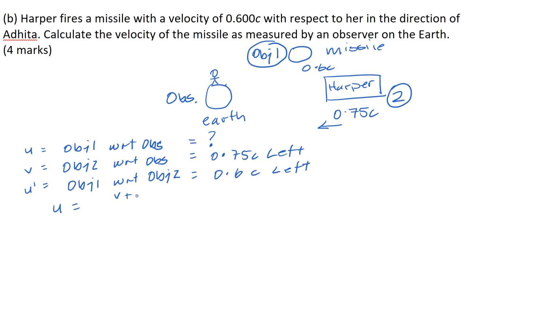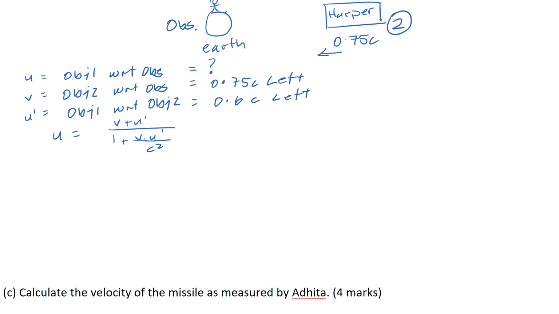So I've got V plus U dash over 1 plus V times U dash over C squared. Now let's pop those numbers in. I have V, which is 0.75 C, plus U dash 0.6 C over 1 plus V, which is 0.75 C, times 0.6 C divided by C squared.